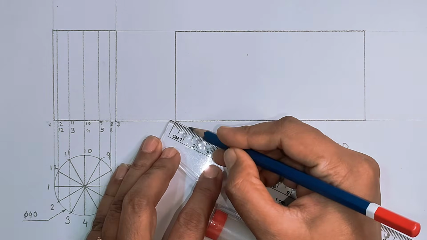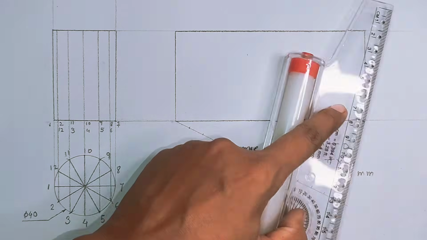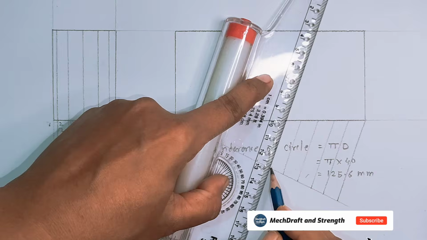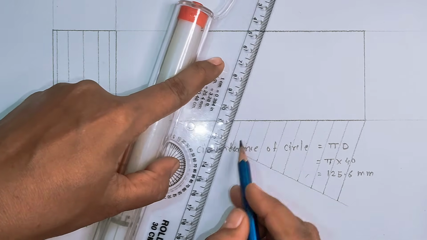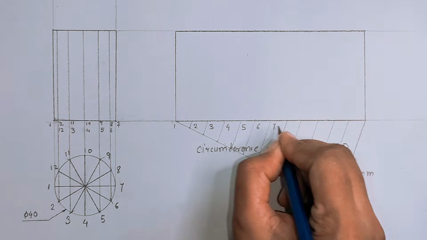Next step, divide the base length of the rectangle into 12 equal parts. That base horizontal line represents the circumference of the cylinder and the left line represents the axis of the cylinder.